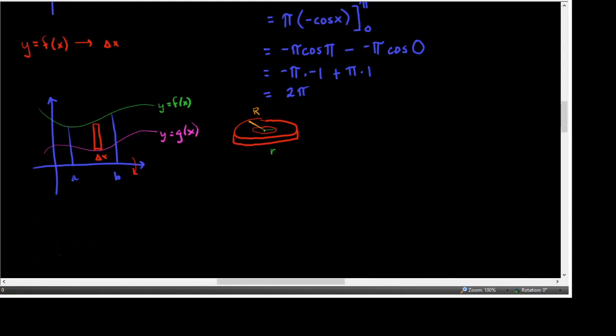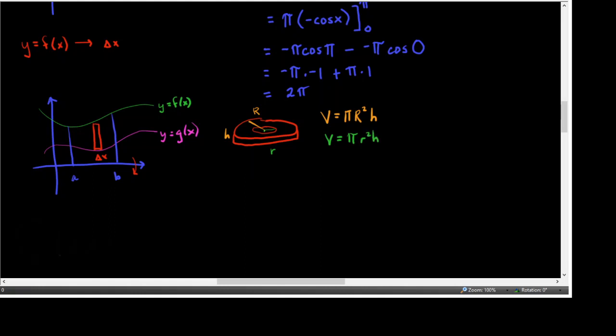Now, I could find the volume of this as if it were solid. That would be pi R squared times h. That would be the volume of the whole thing as if it were solid. I could also find the volume of the hole in the middle, and that would be pi little r squared h.